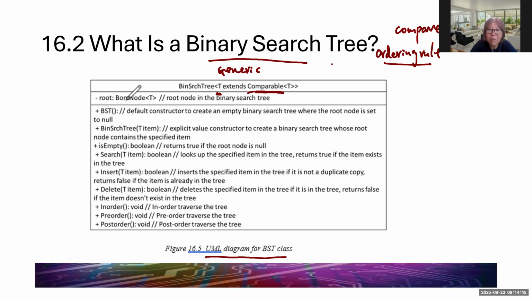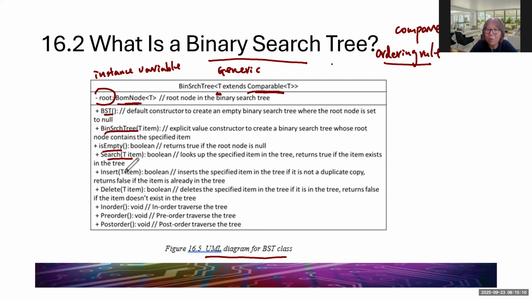For a binary search tree, it's kind of like a linked list. We have only one instance variable, the root node, whose type is a bin node. Then we have a constructor, and we also want to check if the tree is empty.